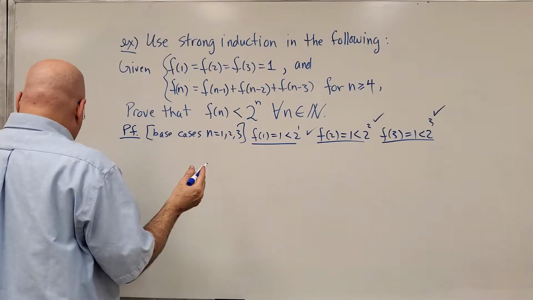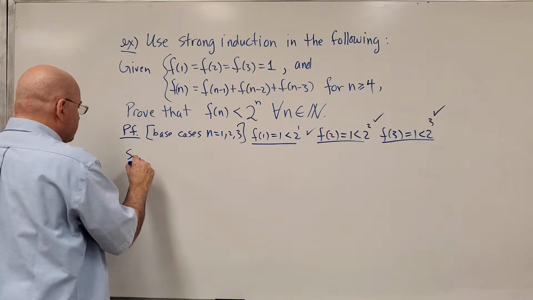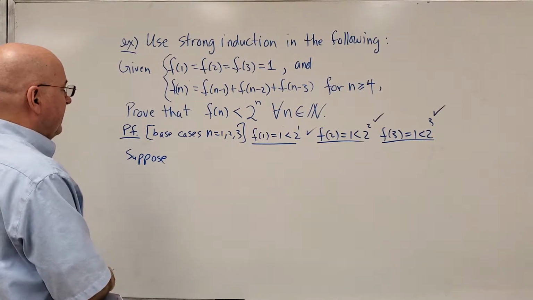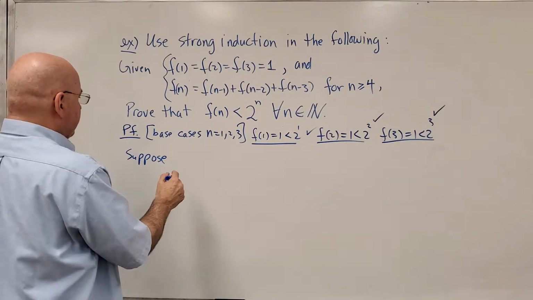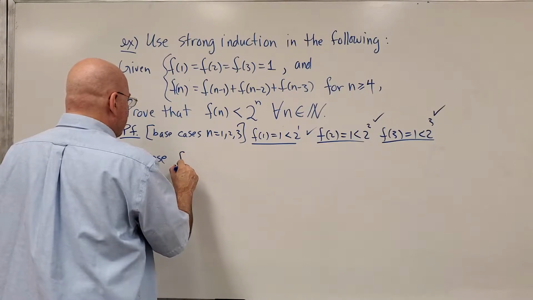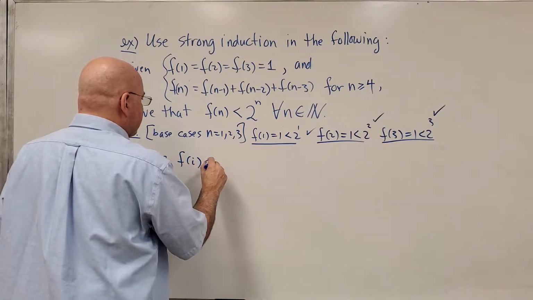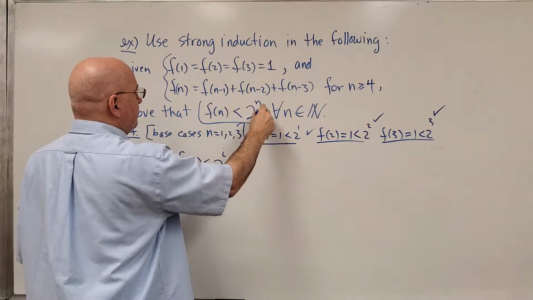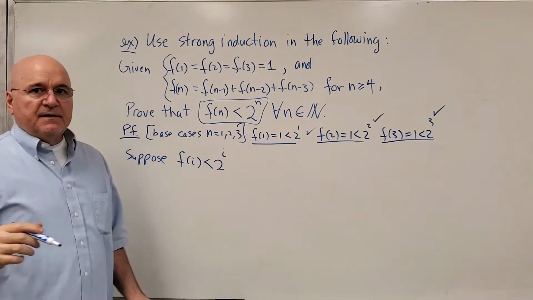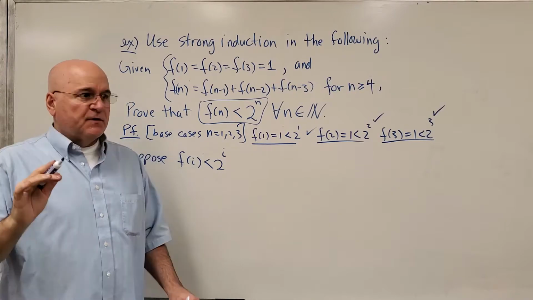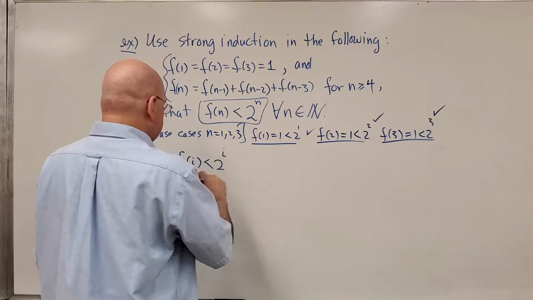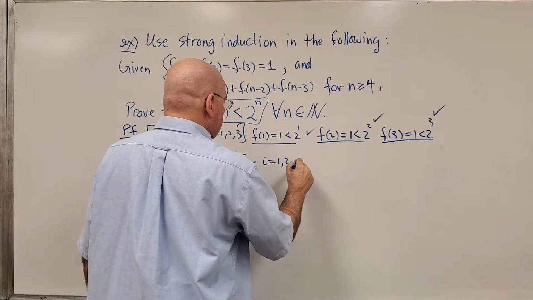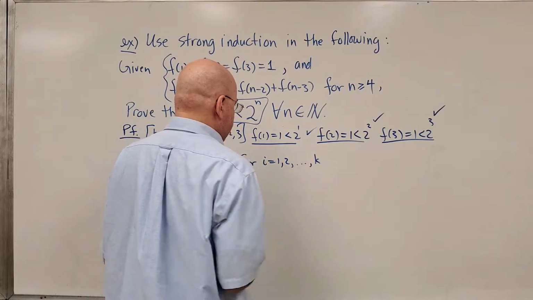Now, though, we need to suppose, I'll pick a different letter here, a different variable. Suppose f of i is less than 2 to the i. It's this statement right here. Suppose that that holds for all values from, let's say, 1, 2, all the way up to k.